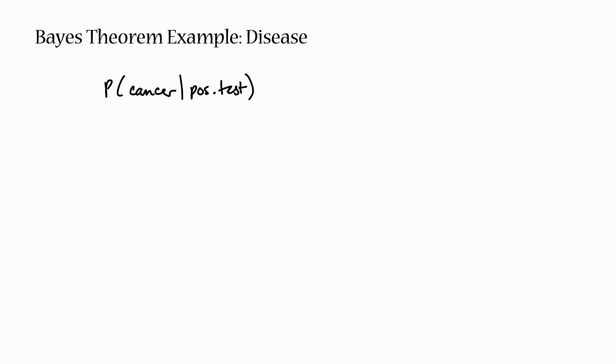So when we know things about the false positive rate of our tests and the actual rate of the disease, or the prevalence of the disease, then we can make better probabilistic estimates of the probability that you actually have cancer if you tested positive.